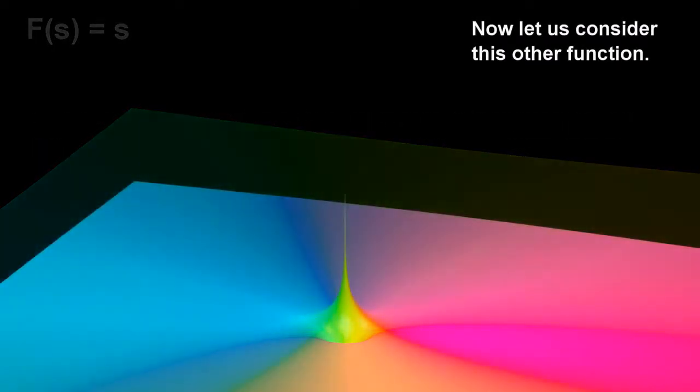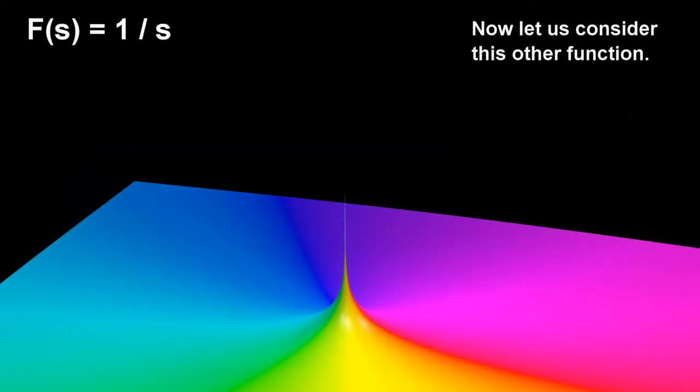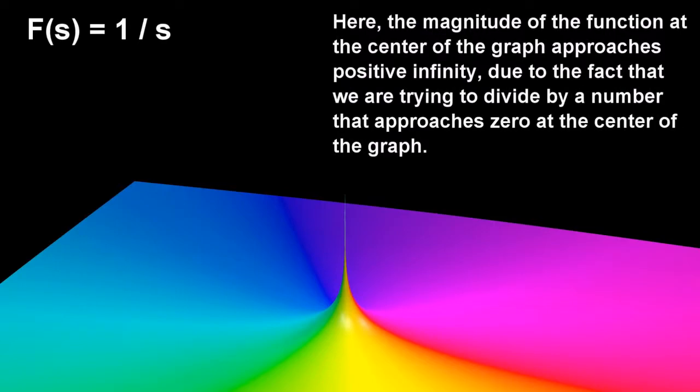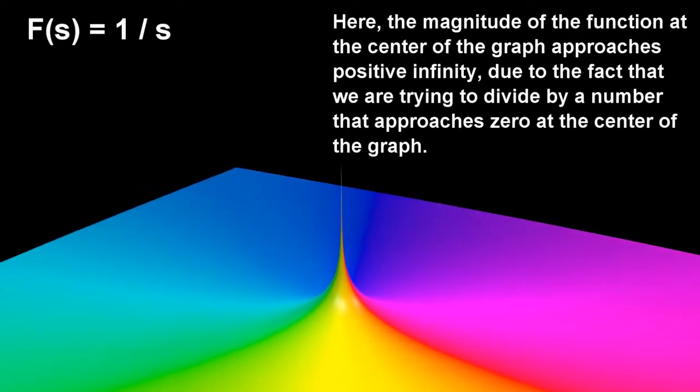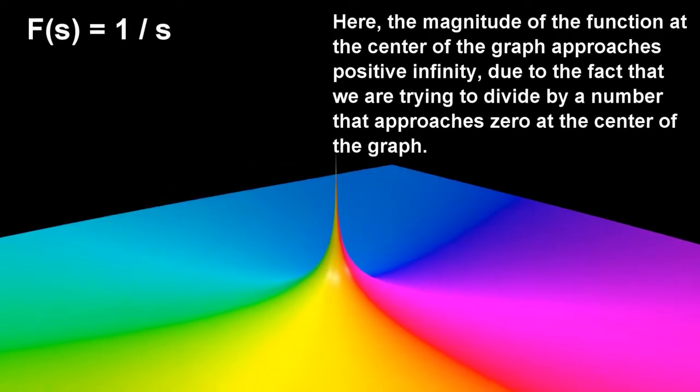Now let us consider this other function. Here, the magnitude of the function at the center of the graph approaches positive infinity, due to the fact that we are trying to divide by a number that approaches 0 at the center of the graph.